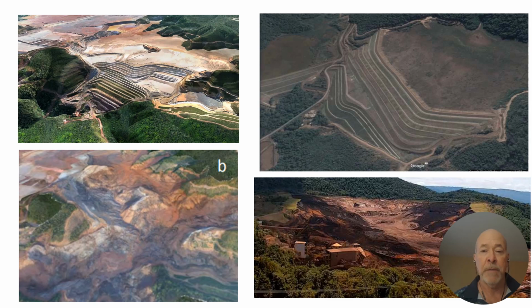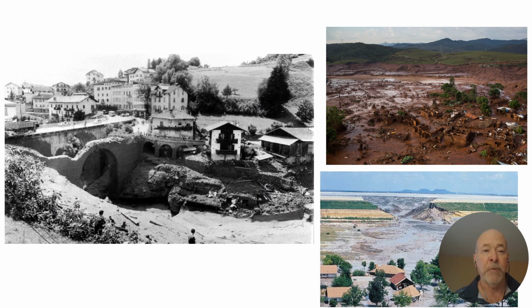Upper right-hand side is Brumadinho. And below each of those is what they looked like after they failed. So they both catastrophically failed and flowed with classic flow liquefaction characteristics.